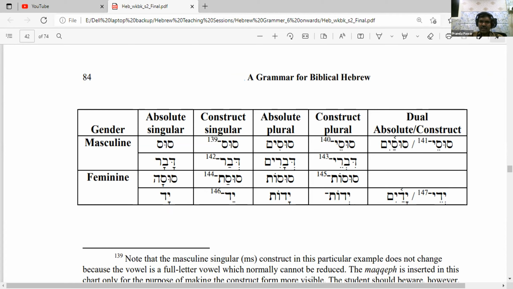In absolute state, which is the independent noun, there is no inflection, it remains as it is. See here, it will become susay.